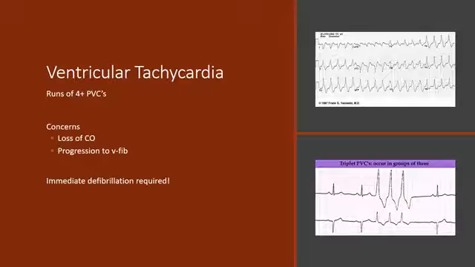In addition, one of the other big problems with ventricular tachycardia, besides the loss of cardiac output, is that it has the penchant for progressing very easily into ventricular fibrillation. So when we see ventricular tachycardia, it's very important that we identify this right away, and then we need to manage it, and it's usually treated immediately by giving these patients electricity. They need to be defibrillated.